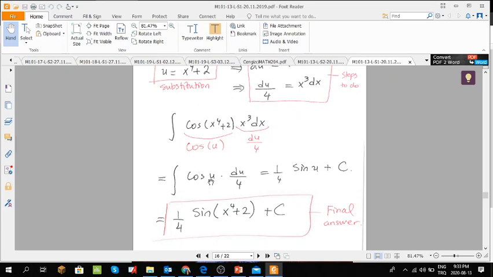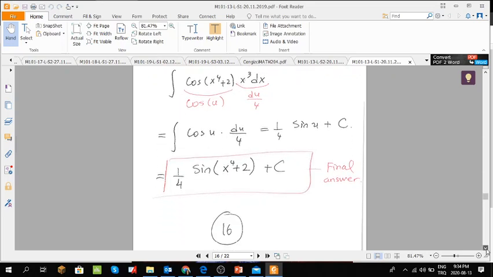This is easy to integrate. The antiderivative of cosine is sine. Keep the 1 over 4 in front, and don't forget to write plus c, because this is an indefinite integral. So the answer is 1 over 4 sine of, instead of u, x to the 4 plus 2, plus c. And this is the final answer.